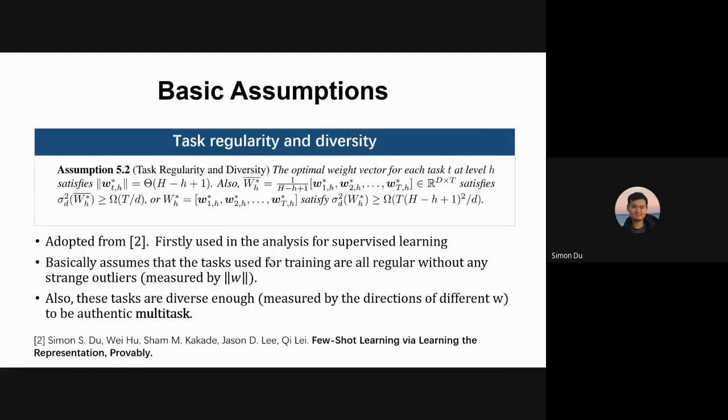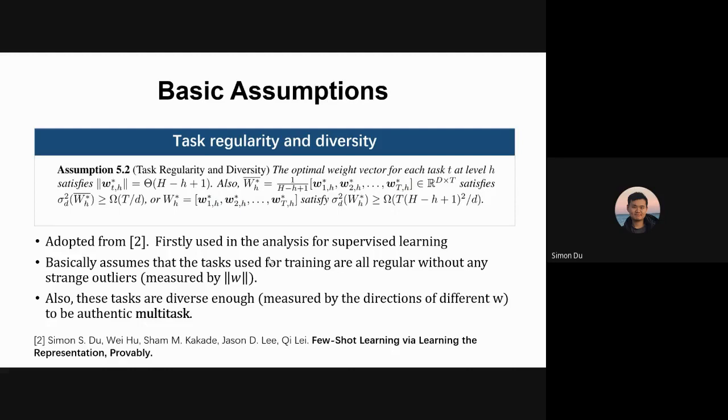It's an assumption made by Maurer's paper in the link I sent in the chat. With that one, you actually cannot get the rate we have if you only have the IID assumption over the tasks.